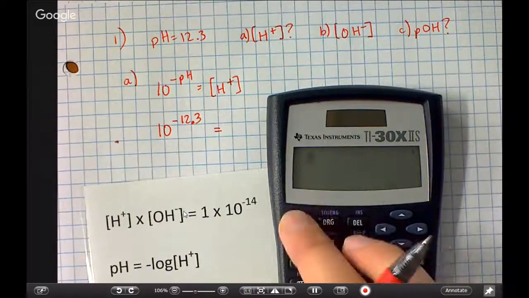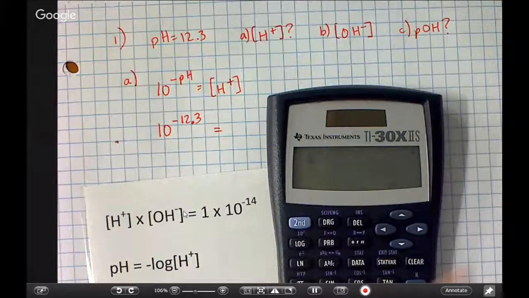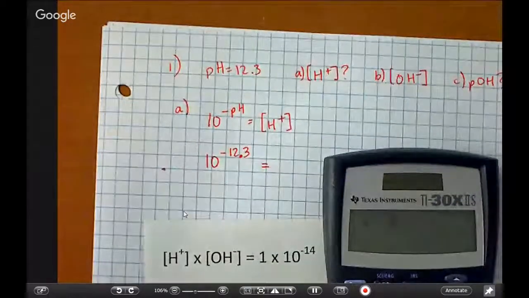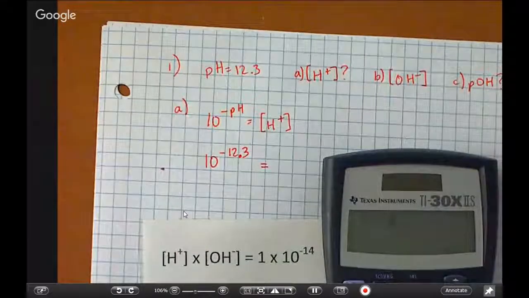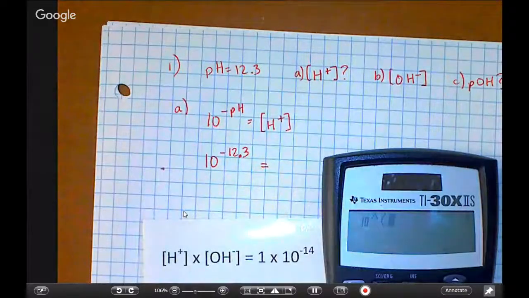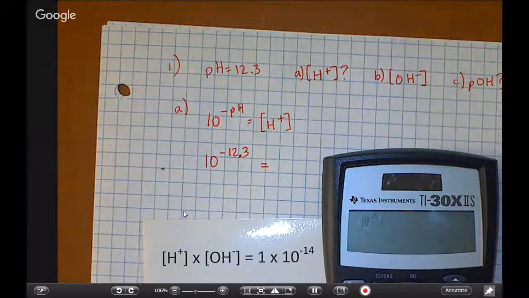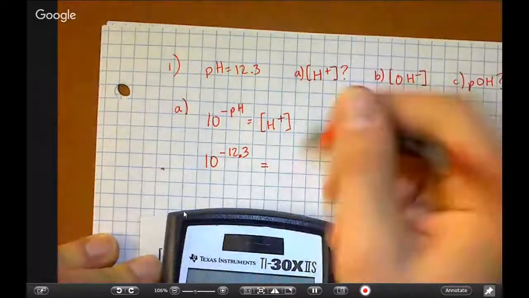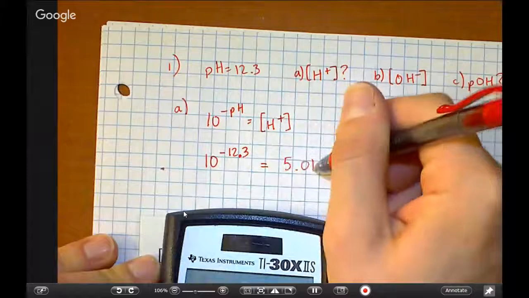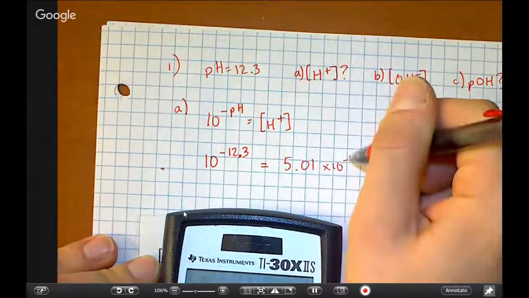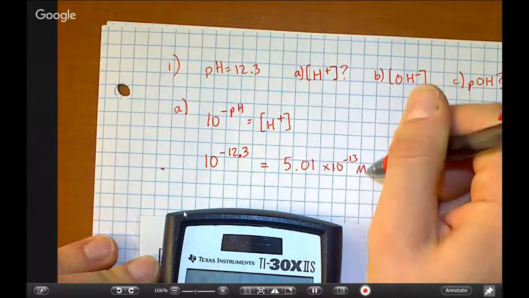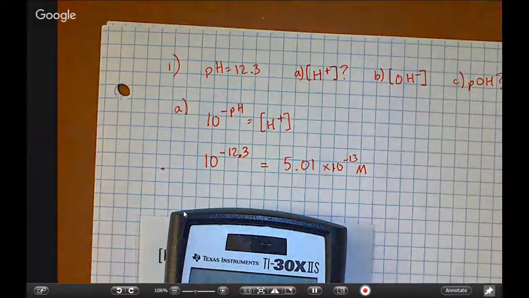So we'll do second log, which gets us 10 to the, and we put in negative 12.3. The answer that we get is 5.01 times 10 to the minus 13. That is going to be our concentration of H plus, and we put M for molar with it.